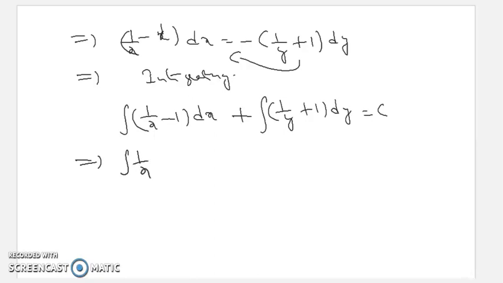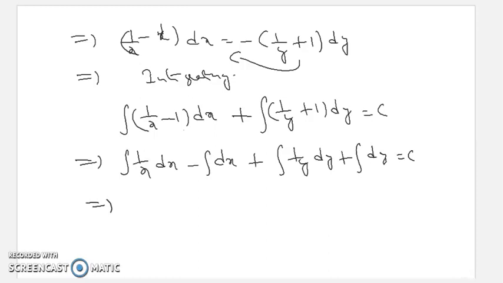Now integral 1 by x into dx minus integral 1 dx plus integral 1 by y into dy plus integral 1 dy is equal to c. Then clearly we have log mod x minus x plus integral 1 by y with respect to y, ln mod y, plus y is equal to c.